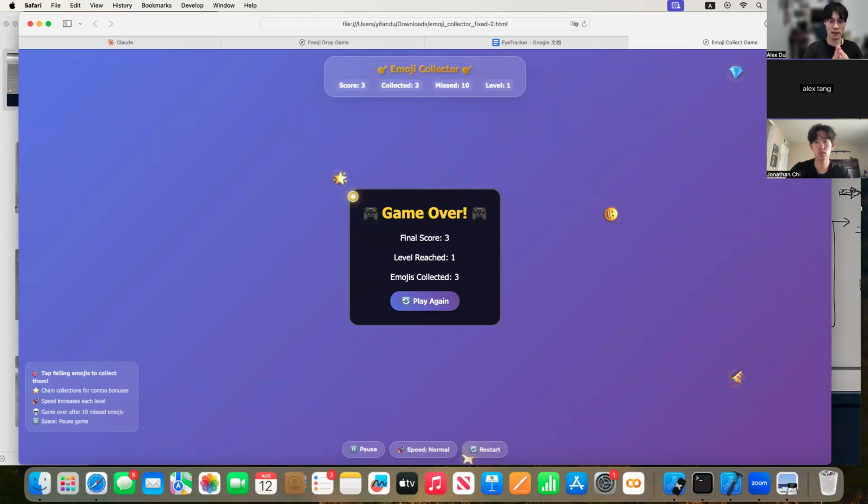So they can use eye tracking to make a command, such as open a website, or do something that can replace a tab. So this is the idea.